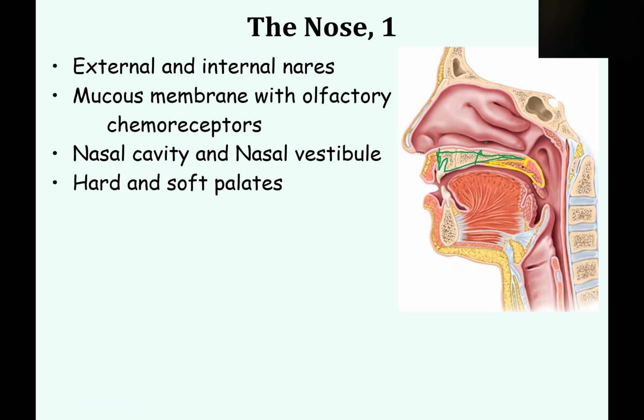Now, only part of the soft palate makes up part of the nose. The other part helps make up part of the wall of the pharynx. It's a luxury to have the two palates. They separate the oral and nasal cavities. So for the nose, it's the floor. For the mouth or oral cavity, it's the roof.